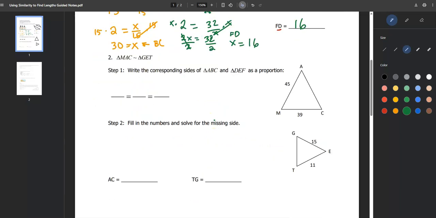Okay, so I've got triangle MAC is similar to triangle GET. We're going to write those. This should say triangle MAC. I've got to get that fixed.